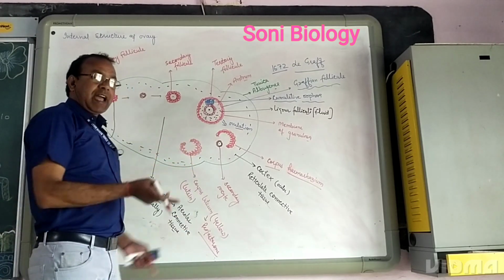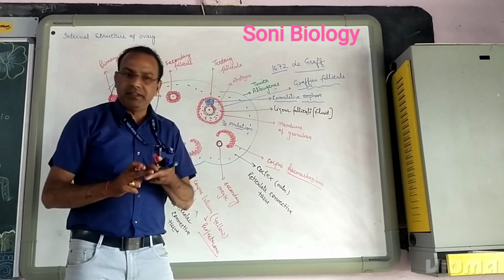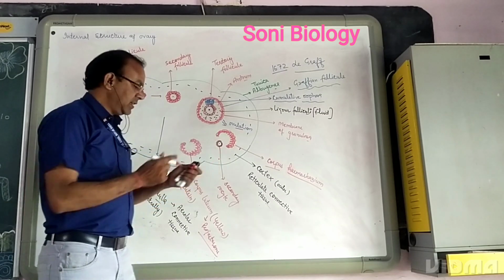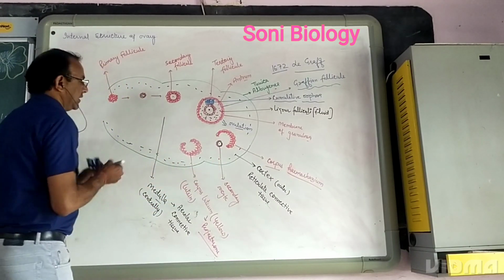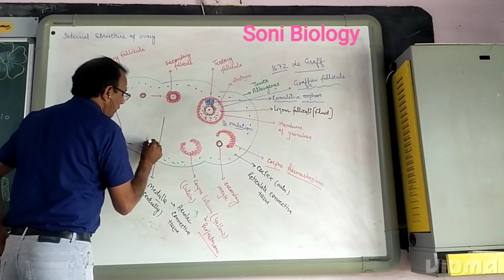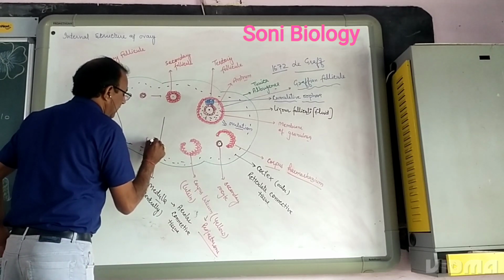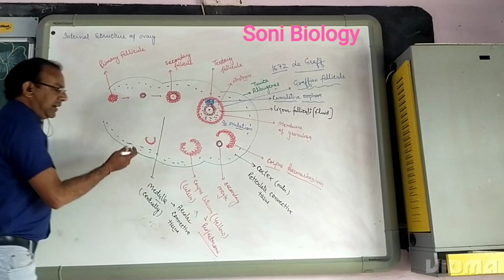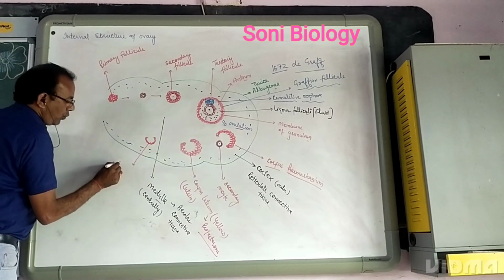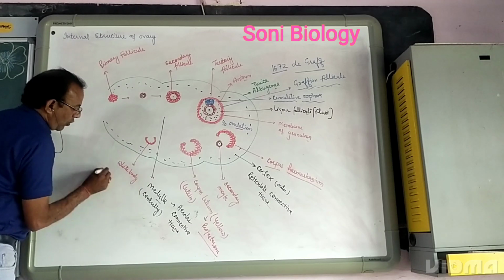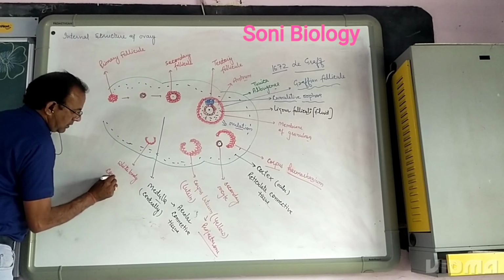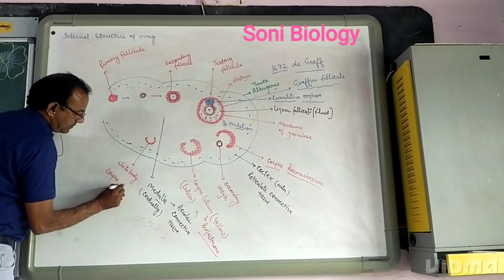But if the egg is not fertilized, then the corpus luteum starts to degenerate and changes into a white body, that is called corpus albicans.